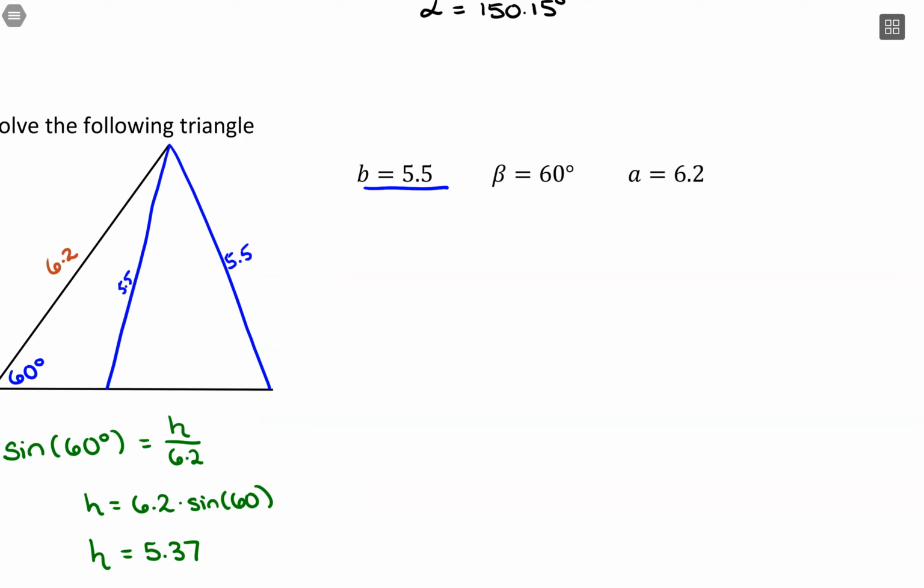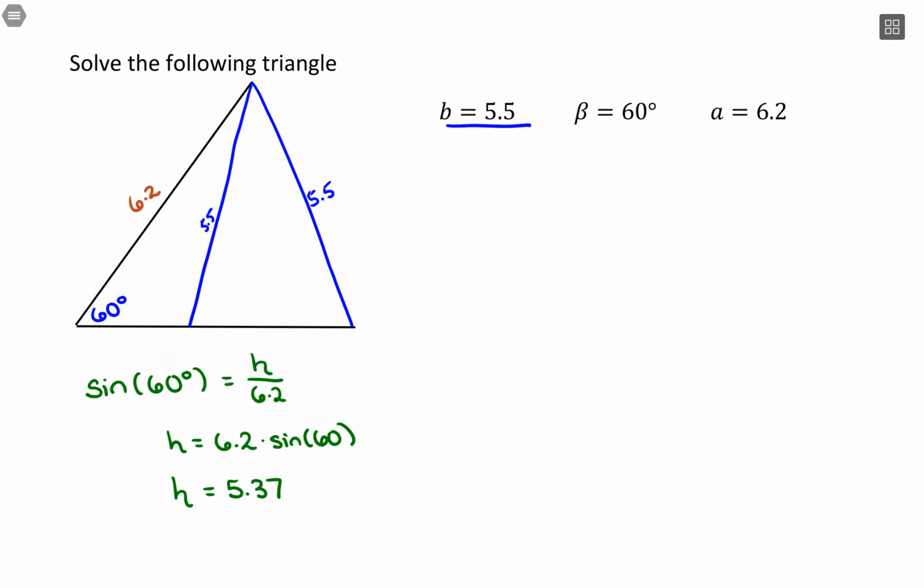And what I'm going to do is work with these two triangles separately, and the one that I start with, like I mentioned in the previous video, is the fact that our calculator is going to give us this angle right here. So I'm going to start with the big triangle. So we're going to have the two cases. We're going to have the big triangle with the 60 degrees and the 5.5 and the 6.2.